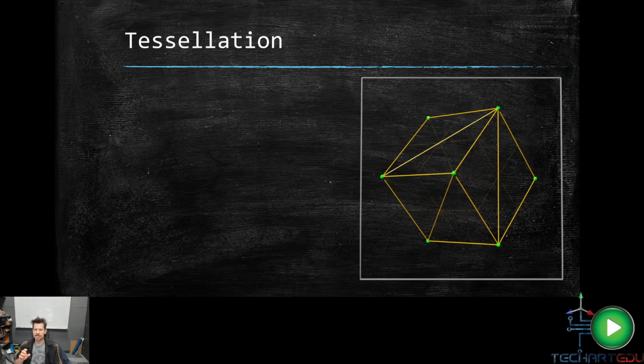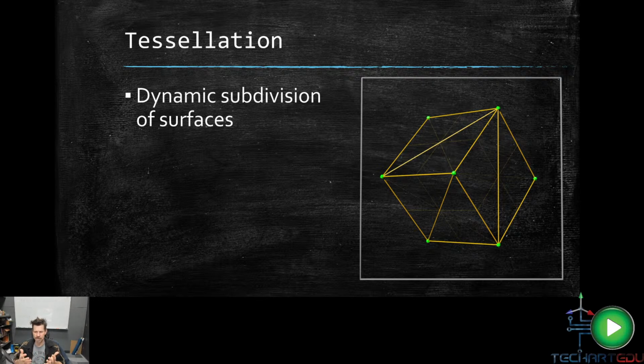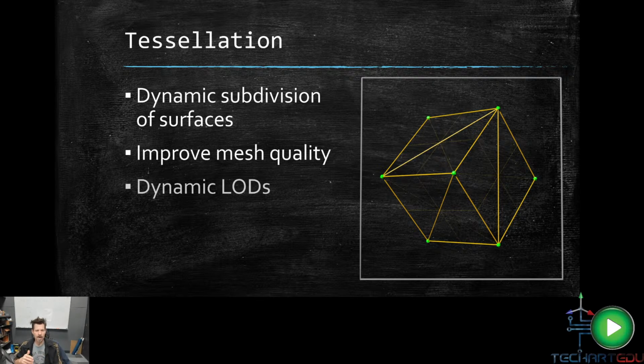Okay, next is the tessellation stage. The purpose of the tessellation stage is to subdivide each surface. That means it doesn't add any more geometry, it just takes the geometry and starts subdividing it. And this does improve mesh quality, and you could create dynamic LODs. Suppose you have your object and it is close to the camera and far away from the camera, and it does this great big dolly in and out.